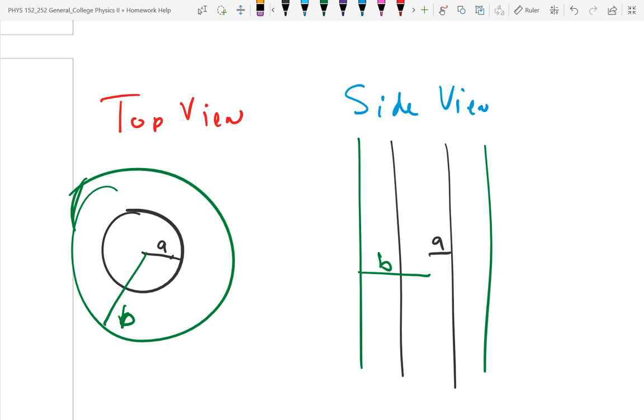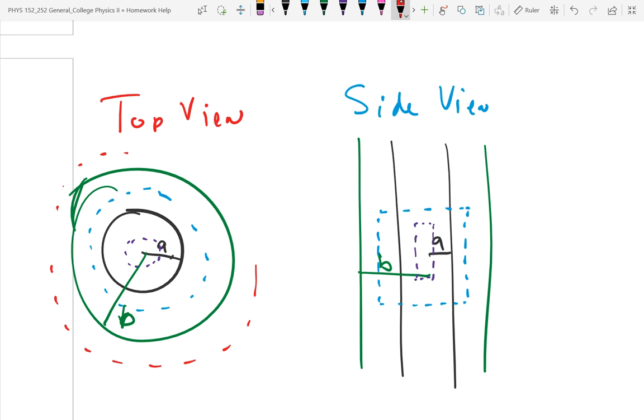I usually make them dashed so we realize that they're not actual surfaces. And that one here would look like this, or like this, which here would look like this, or finally like this, which here would look like.